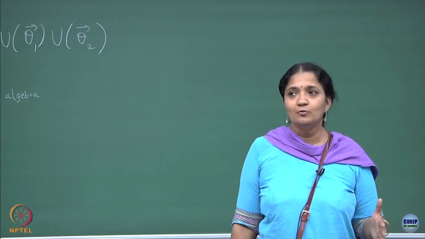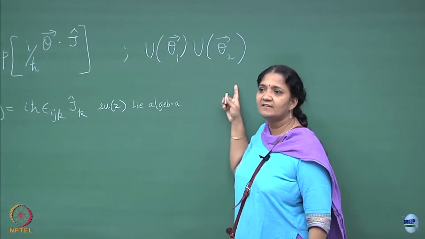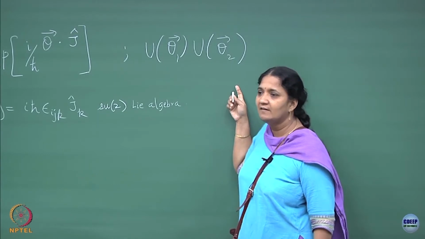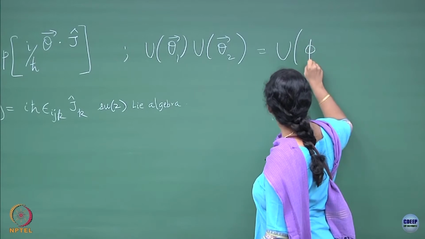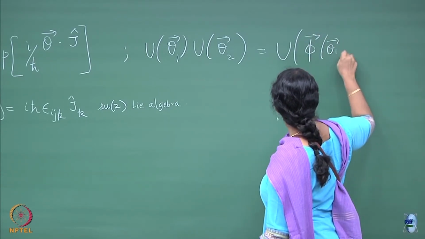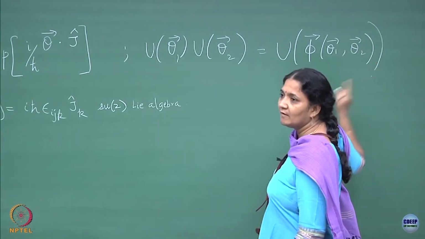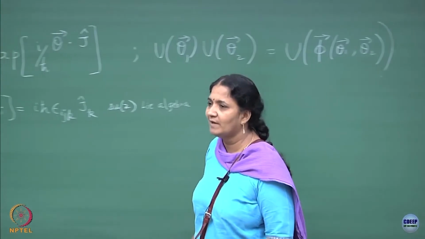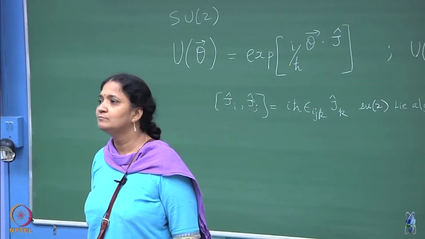Okay. But if you do rotation about theta 1 vector in one direction and theta 2 vector in a different direction, it will give you again a unitary matrix which depends on phi. Okay, this is also a vector, but it will depend on theta 1 and theta 2. I will not know the exact functional form, but depending on the value I can find it.